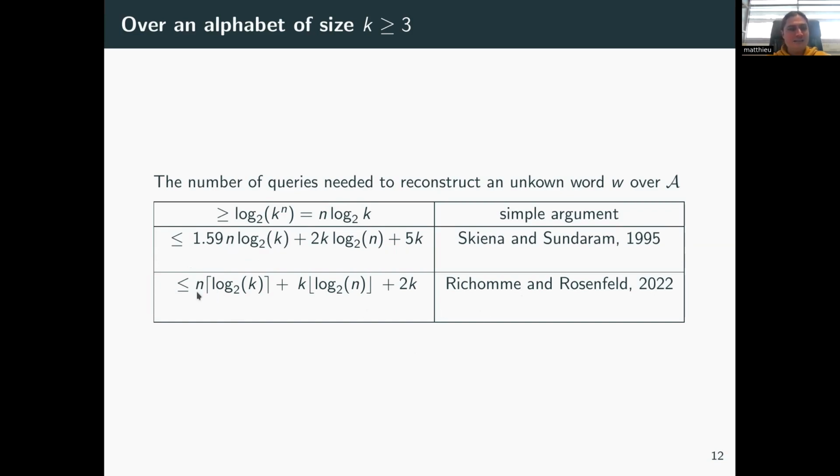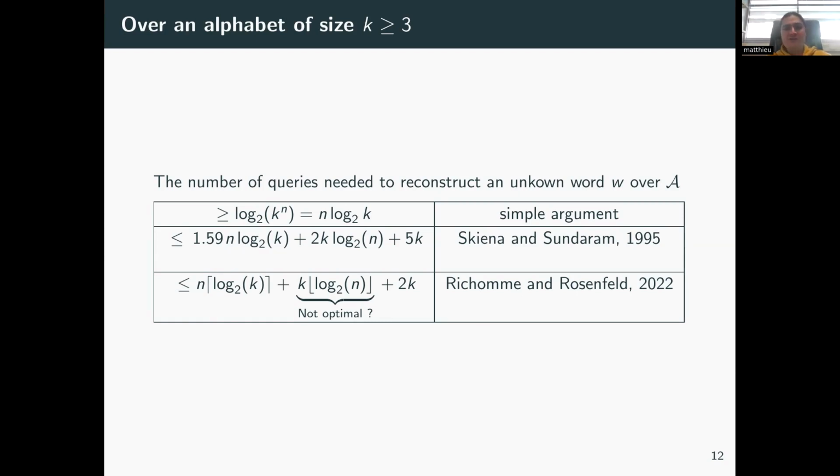So we proved that you can do n log k plus something. Now this something might not be optimal, right? So there is maybe a way to improve this. I don't know. So again, what's the idea we used? For this one, again, I'm not going to enter into the details, but mostly the idea is, suppose you want to reconstruct a word over 4 letters.